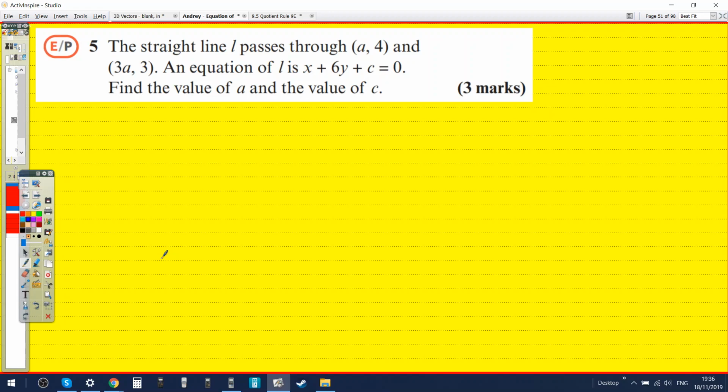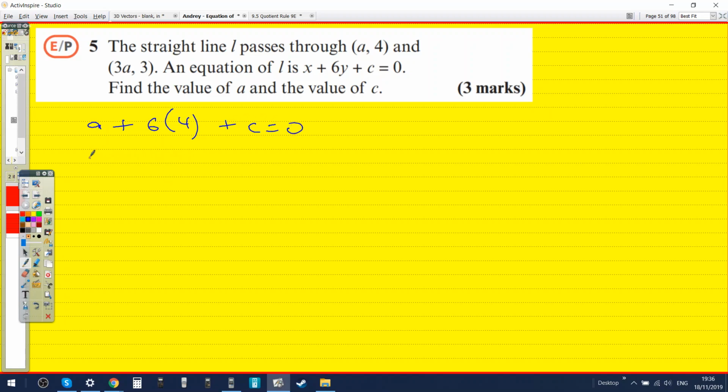Do I need to do 2 different equations subbing in those 2 different coordinates? Yeah, that'll work. So for the first bit, do I then just need to do a plus 6 times 4 plus c equals 0?